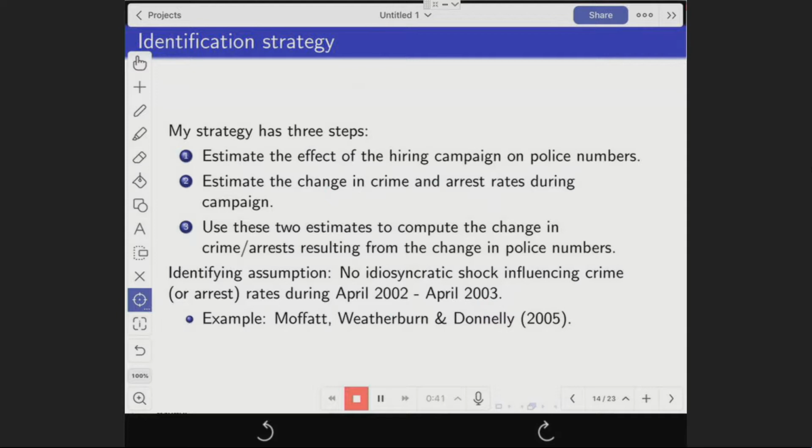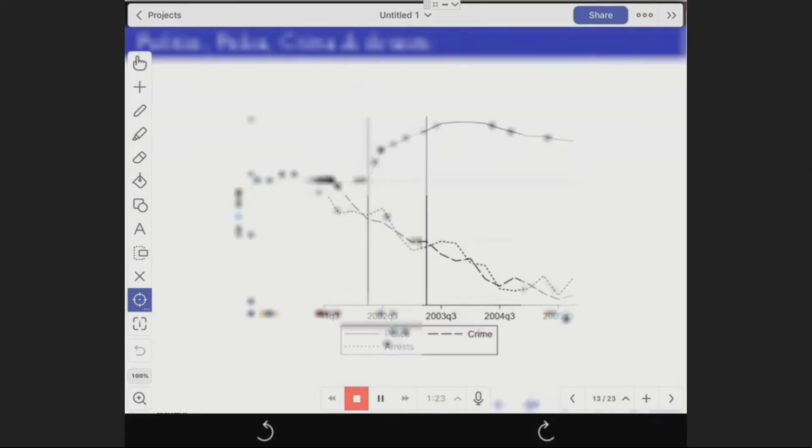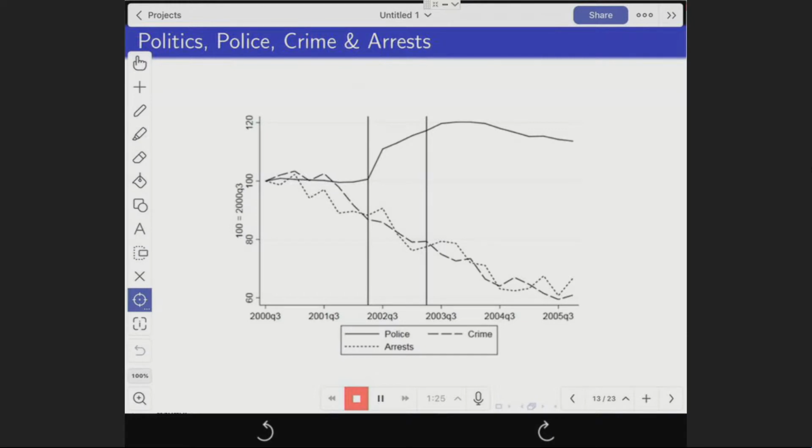I can think of at least one factor that probably would, and Moffatt, Weatherburn, and Donnelly in 2005 pretty clearly outlined it. If we jump back, you can see that crime rates drop before the hiring campaign. What they say is part of the reason for the drop is that there was a heroin shortage in New South Wales.